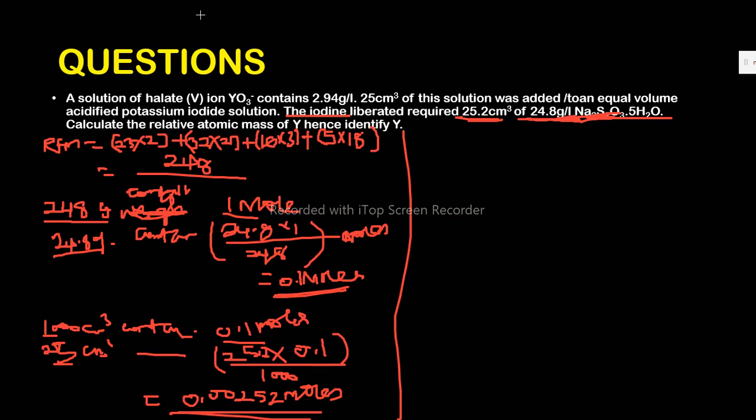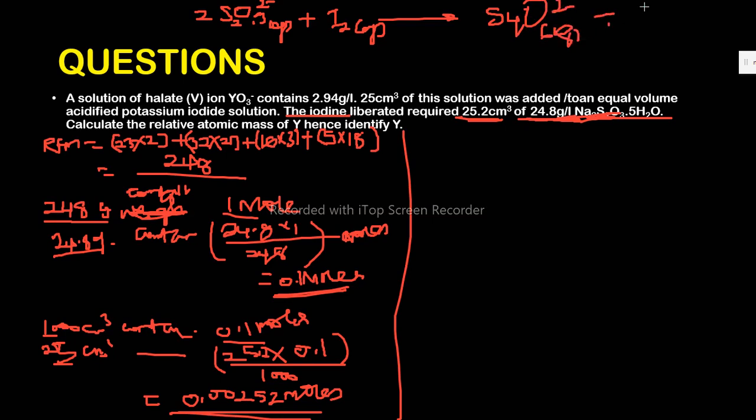let me write the equation. The equation is going to be 2 thiosulfate ions, S2O3 2 minus, aqueous. They react with iodine, so we got in this equation from the half equation that we wrote, to produce S4O6 2 minus, aqueous, plus the 2 iodide ions.